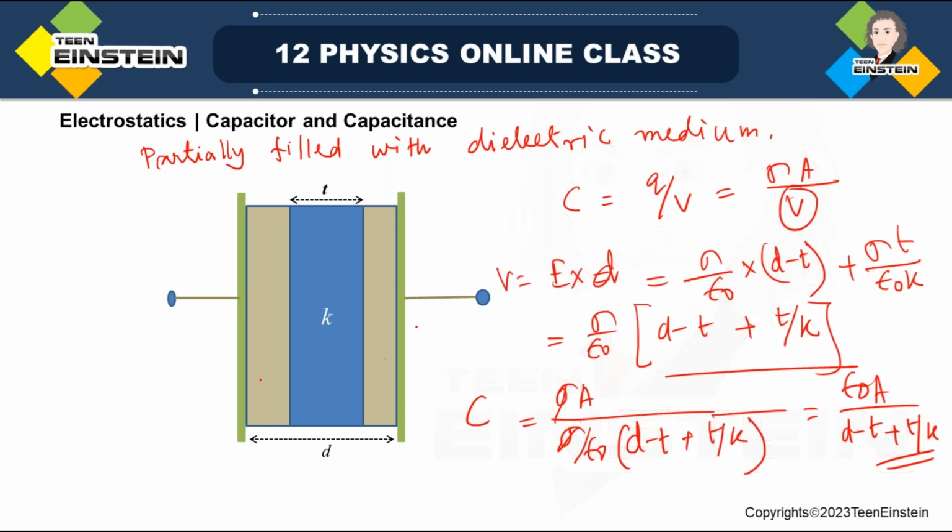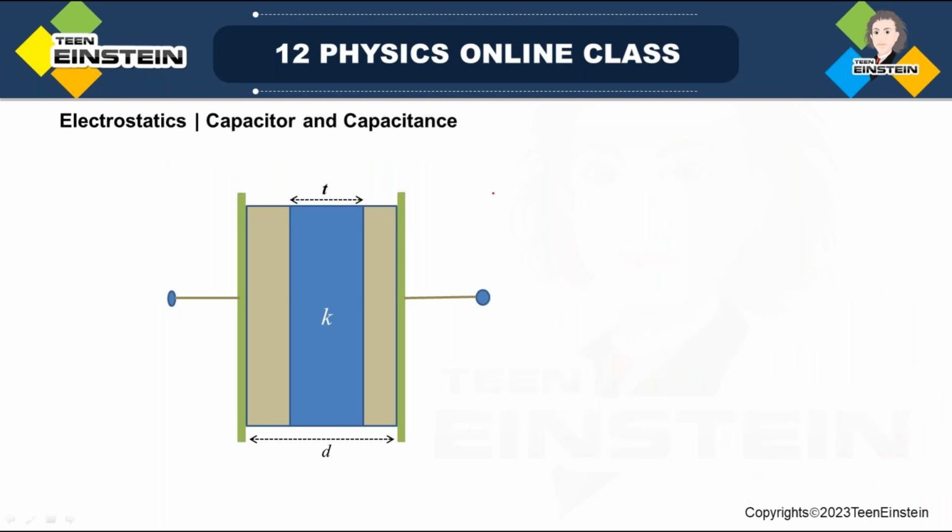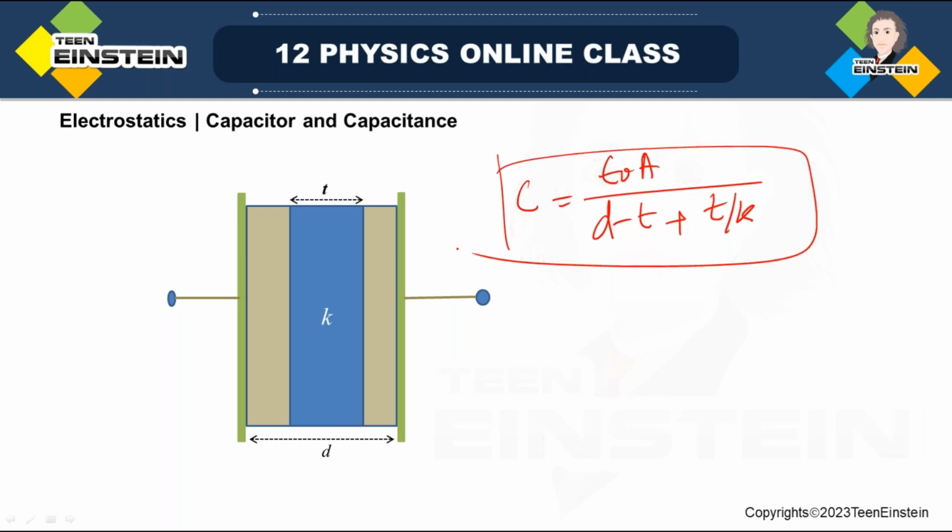So when a dielectric material, I'll just clean up everything and write what we have got: epsilon 0 A divided by D minus T plus T by K. So this is how we have got it for a single slab.